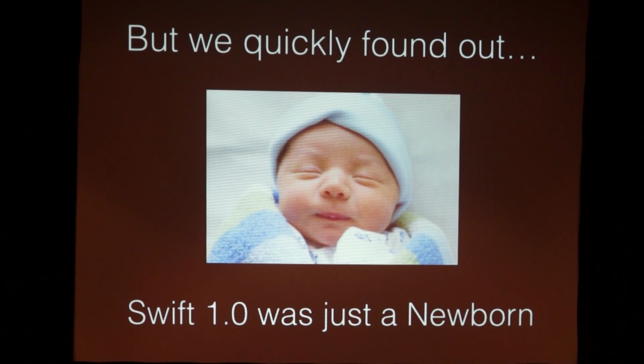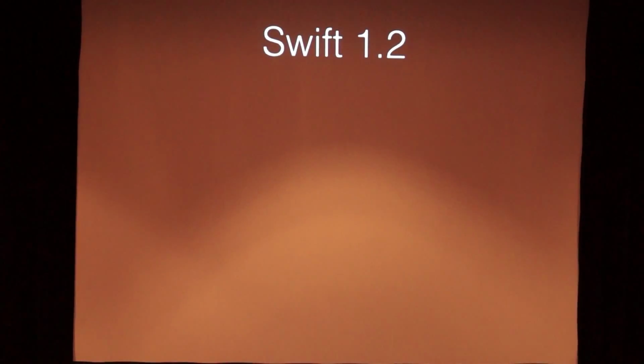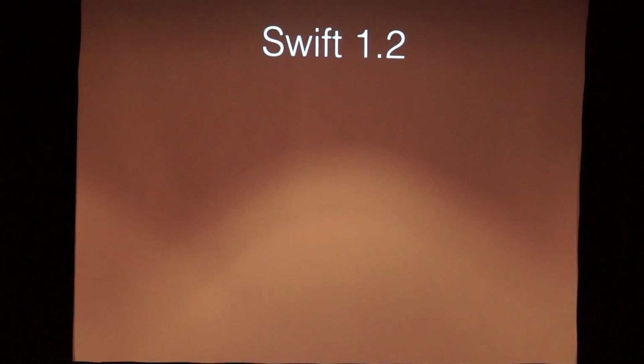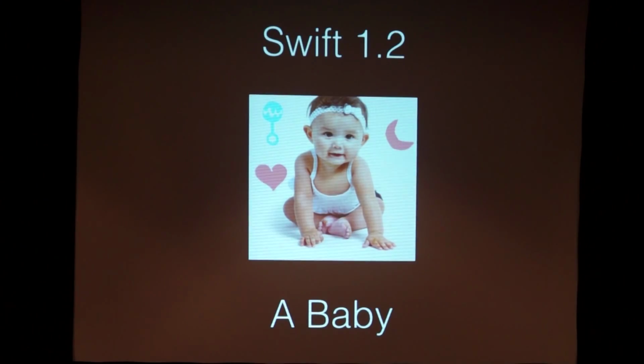Swift 1.0 was in June of 2014. And if you fast forward to April of this year, Swift 1.2 became official, and that's what we started making sure our apps were working with. And with Swift 1.2, it's really what I started to consider a baby.